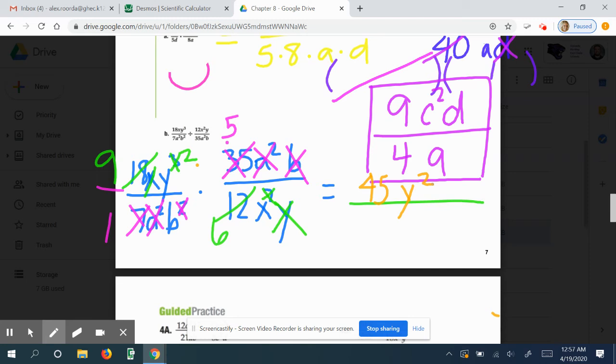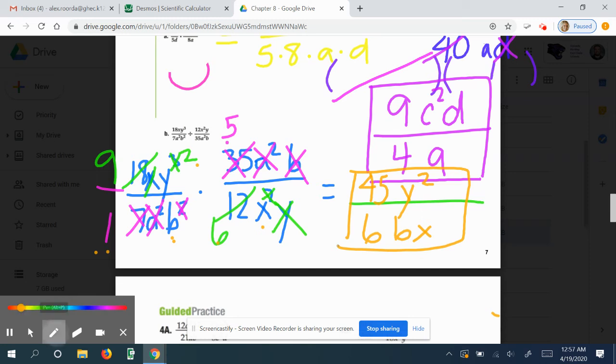And on the bottom, now I have 1 times 6 is 6, b, and x, because I have an x left over here. And so now that's my final answer, 45 y squared over 6bx.